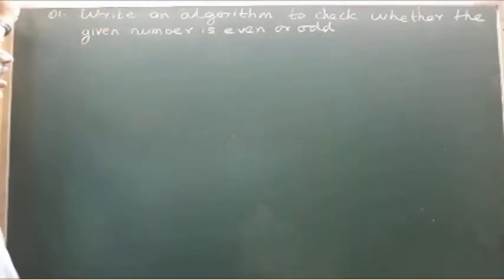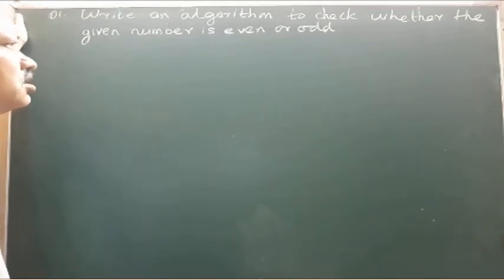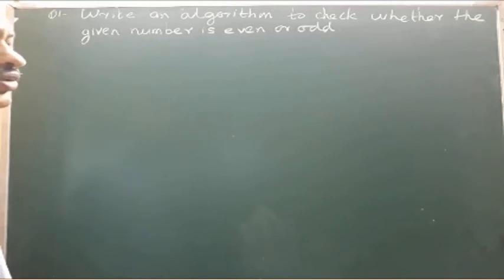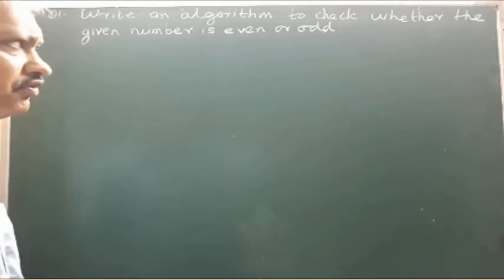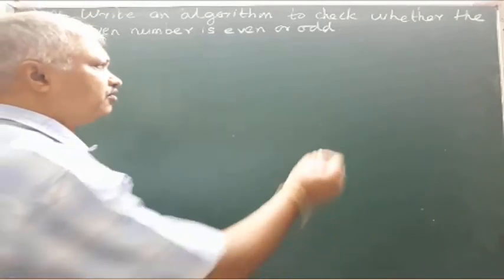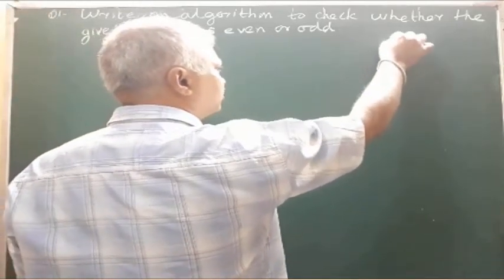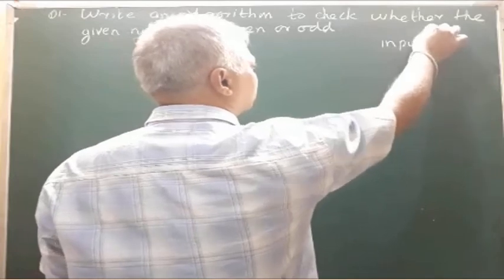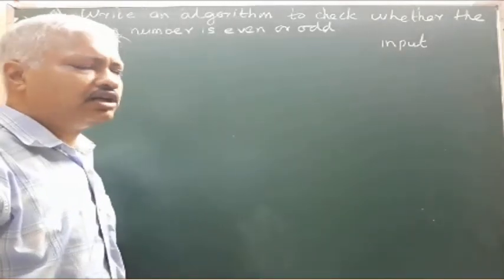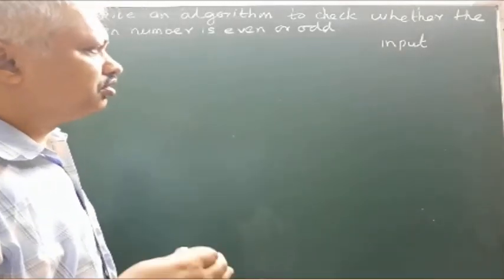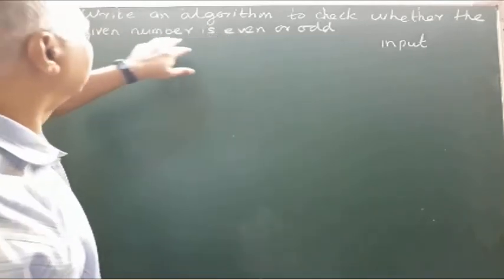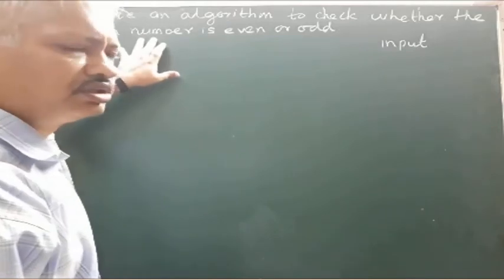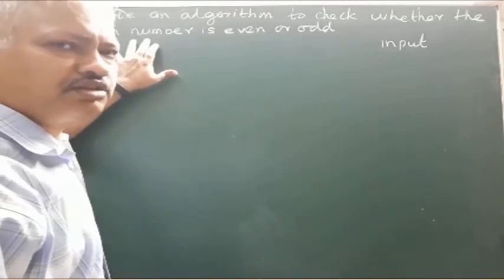This is the question. Write an algorithm to check whether the given number is even or odd. If you are solving any problem or writing any algorithm or flowchart, you should first think of what the input is. Going by the question, it is asking for a given number, so this number is the input.